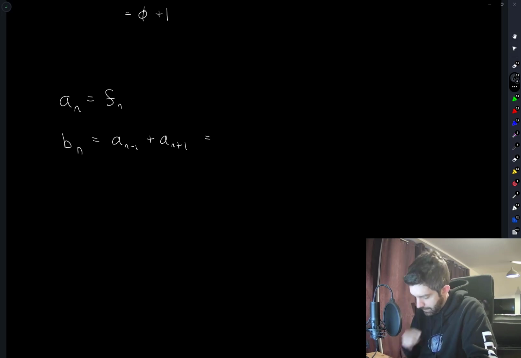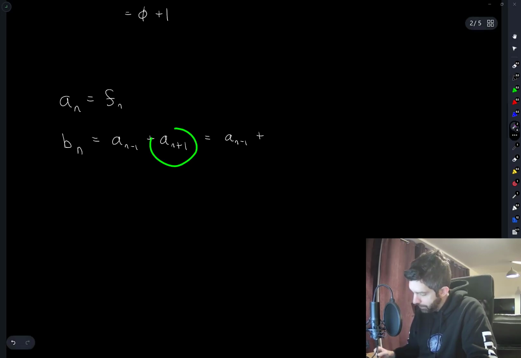And then this sequence bn is defined as an minus 1 plus an plus 1. So this is just going to be an minus 1 plus, and then I'm going to use the definition of the Fibonacci sequence to simplify this. We get an plus an minus 1.